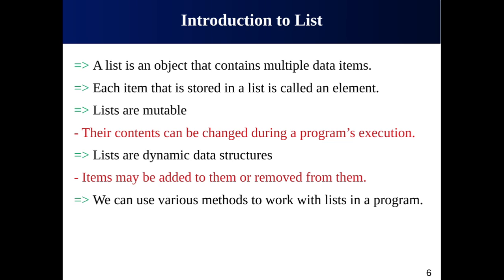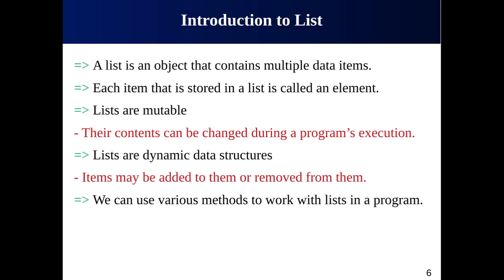Now, what is list? So list is a container, or you can say list is a sequence, or you can say it is a collection type. All are valid about the list. It will actually contain multiple data items, or you can say multiple elements, and each item that is stored in the list is known as an element.